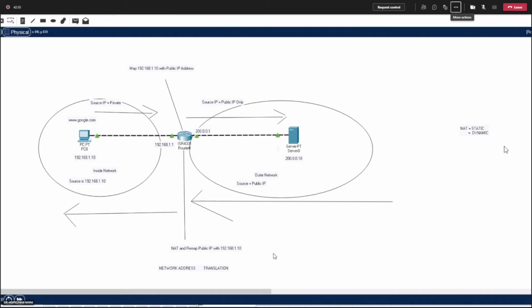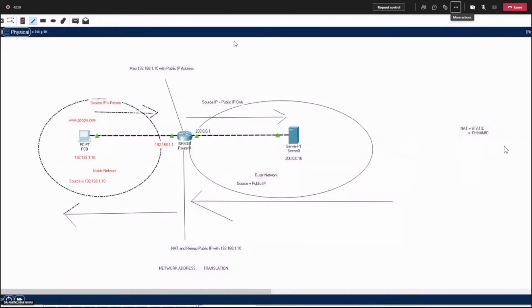So what is network address translation? Can you explain it now? Network address translation improves the security of the network, point number one, because we are hiding the internal network from the external network. This portion is not visible to the internet.